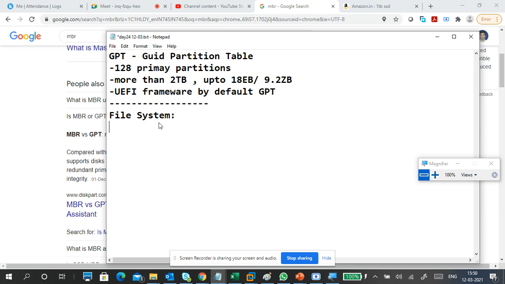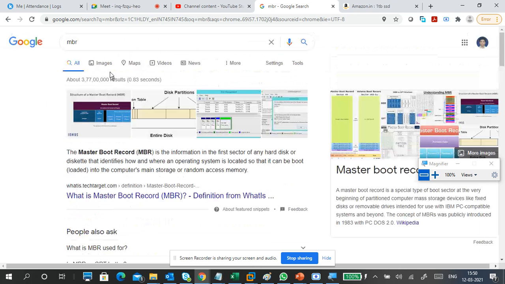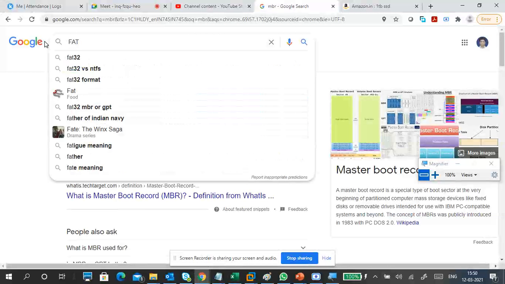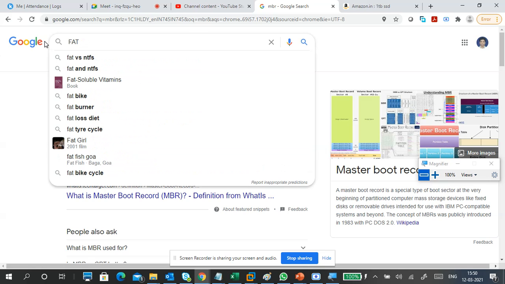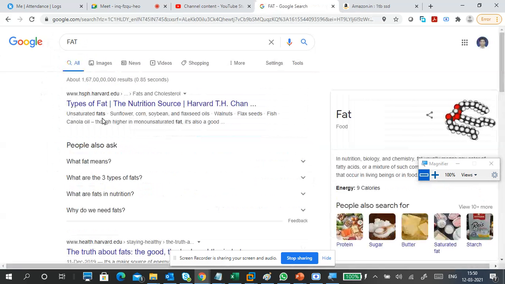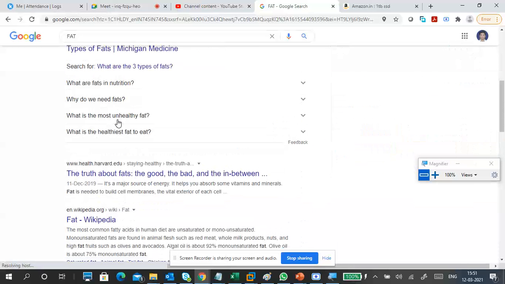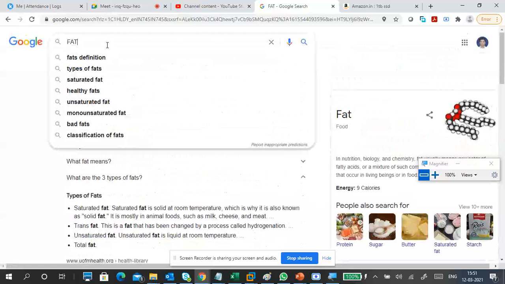Generally, FAT and NTFS are the general file systems we use in Windows. FAT means file allocation table.